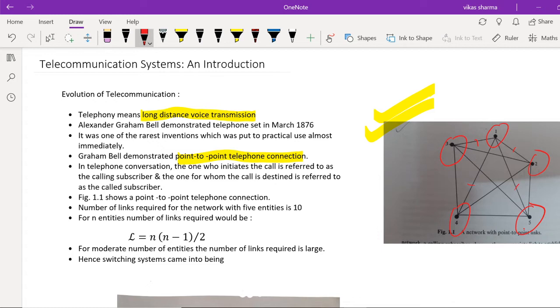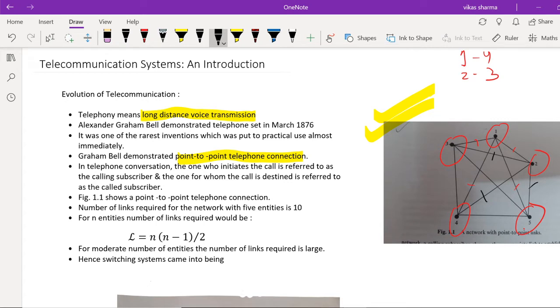That means the first subscriber in this network requires four links for connection with the others. Similarly, the second one requires three links. Second is already connected with one, we have already counted that. Second is connected with third with this link, fourth with this, and fifth with this.